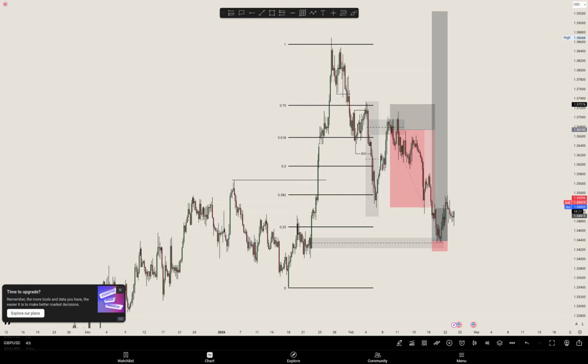Now, you identify your break of structure. You mark your discount levels. Those discount levels, I told you, the cheaper the price, the better the buys. Because anybody that wants to trade GU or buy any asset would like to buy it at a lesser price so that they can sell it at a higher price.